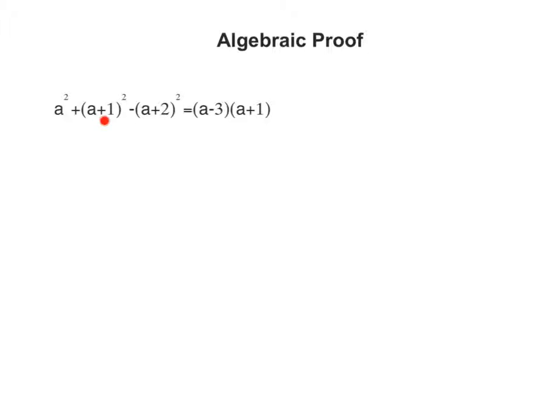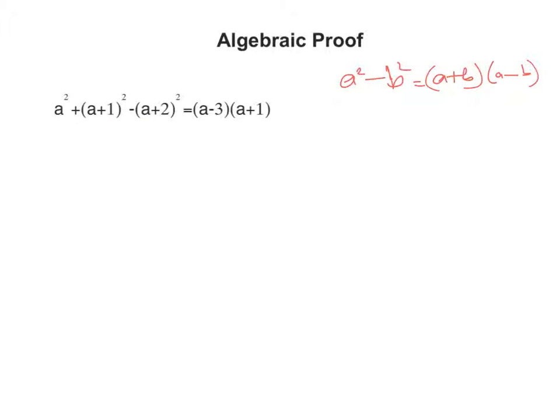All I can see is a squared bracket take away another squared bracket, and immediately I start thinking of difference of two squares, as in if I've got a squared, subtract b squared, we all know that that is a plus b and a minus b. So it's the same sort of situation I'm looking at just there.